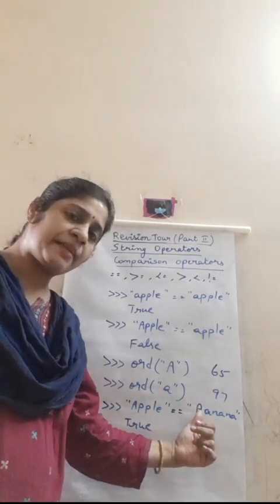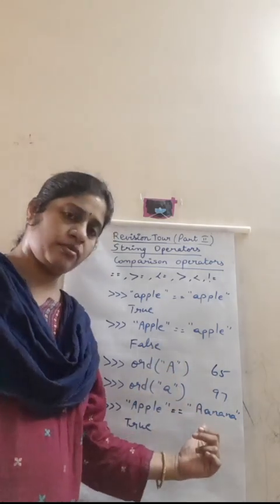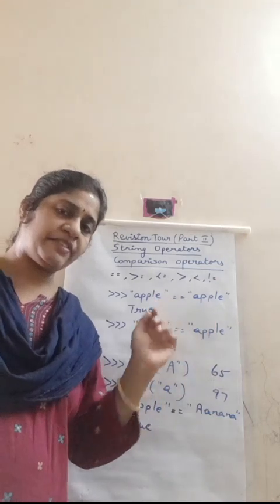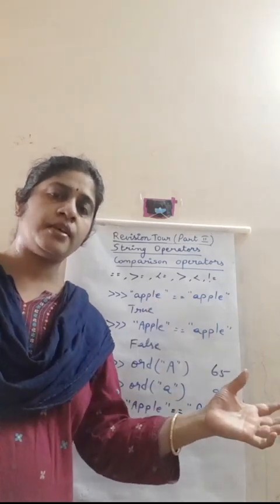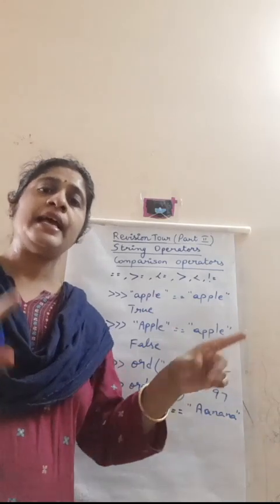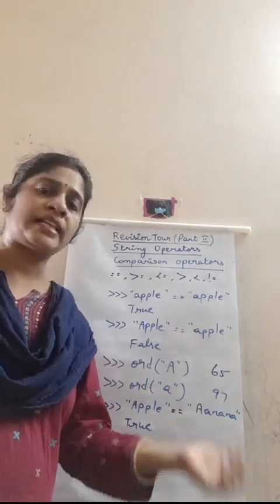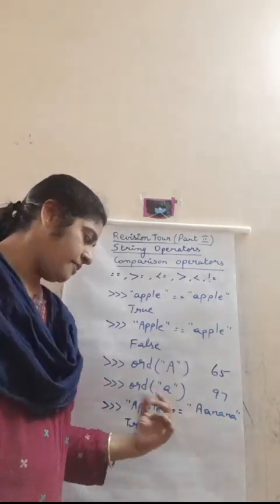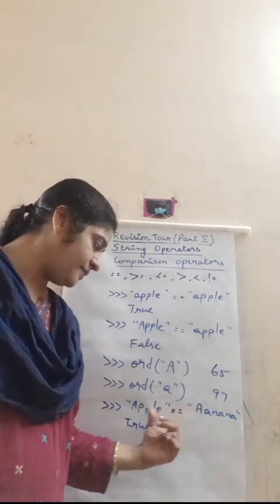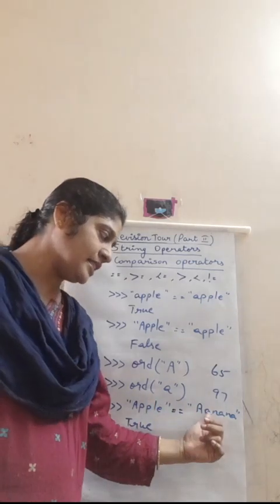If the first letters are matching, it will go for the second letter now. As we do in our normal English dictionary, first the first characters get matched, then it goes for the second letter match. The same algorithm is applied even here. This is small p and this is small a.